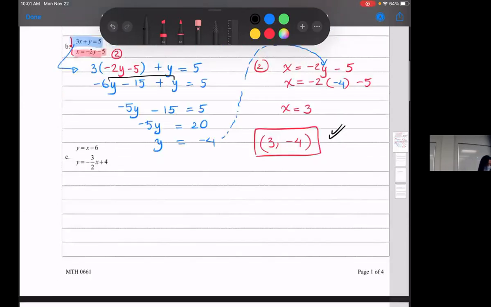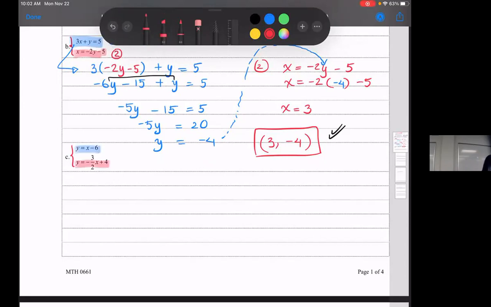C, and then I'll give you try one. All right, C, both of them are already solved for, so it doesn't matter which one you pick. What I'm going to do is plug the first one into the second one.